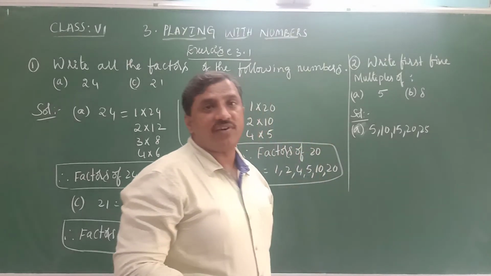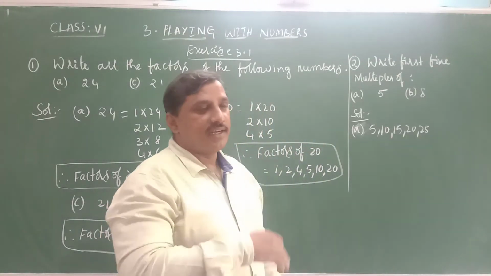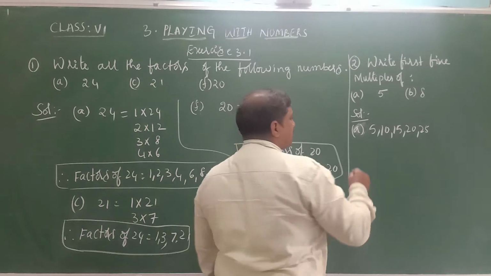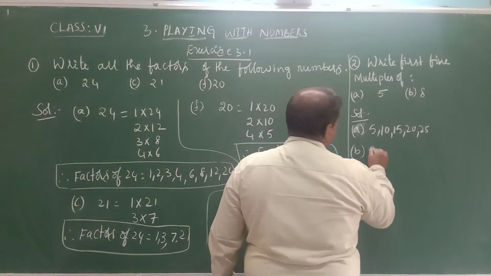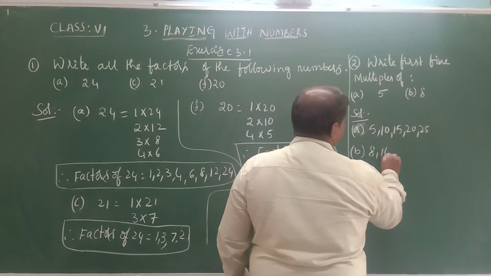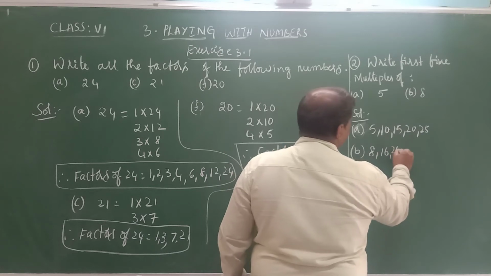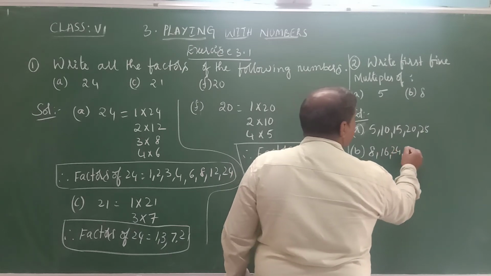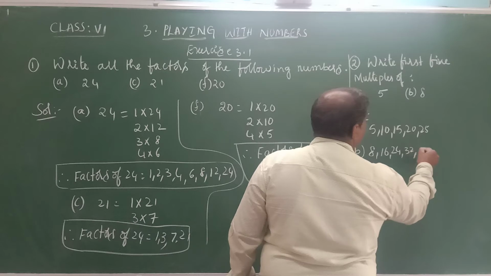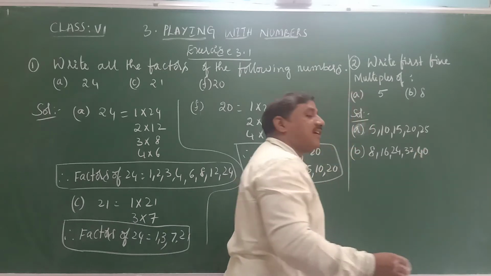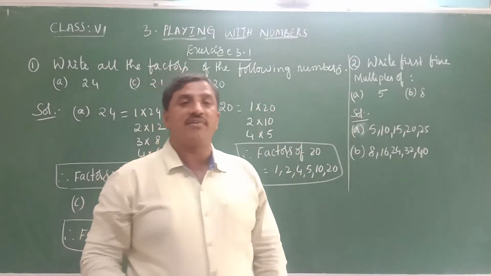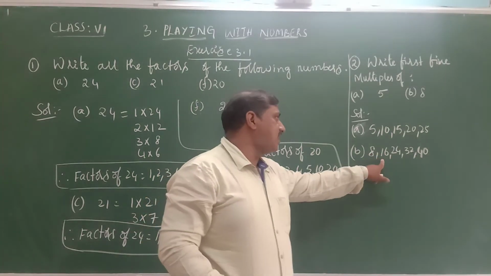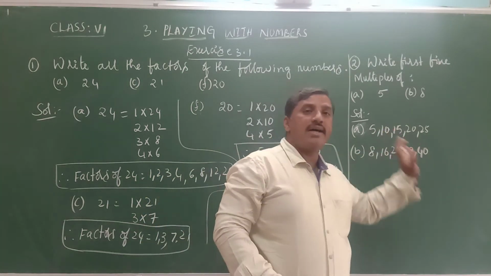Next, B, the first 5 multiples of 8: 8 ones are 8, 8 twos are 16, 8 threes are 24, 8 fours are 32, 8 fives are 40. The first 5 multiples of 8 are 8, 16, 24, 32 and 40.